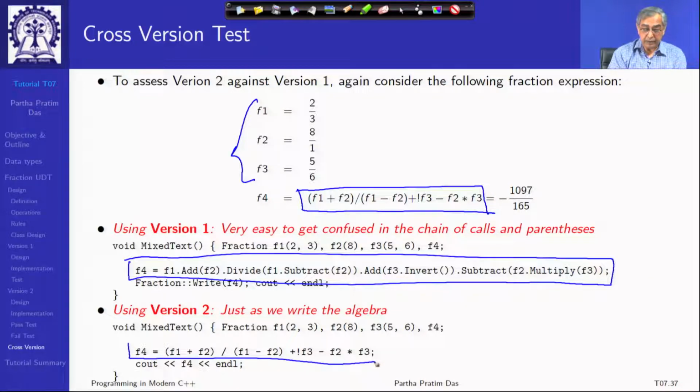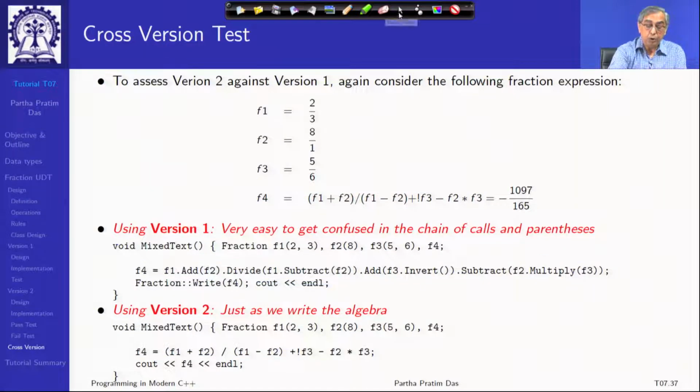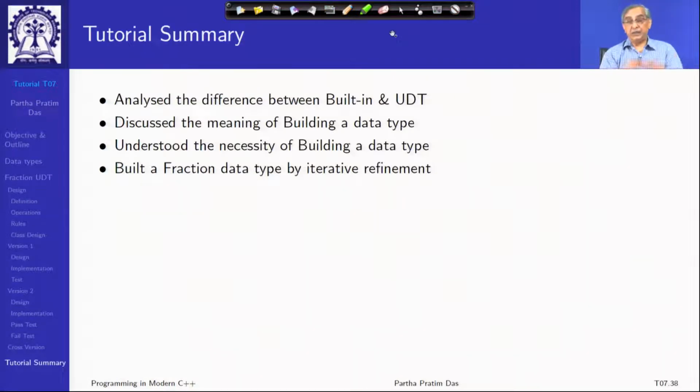In version 2 it reduces to exactly as you write the algebra. That is the key advantage of being able to overload operators with proper meaning, and that is how your version 2 will turn out to be a true UDT, because it is now allowing you to use fraction just like you use the int, float, these kinds of types, right.